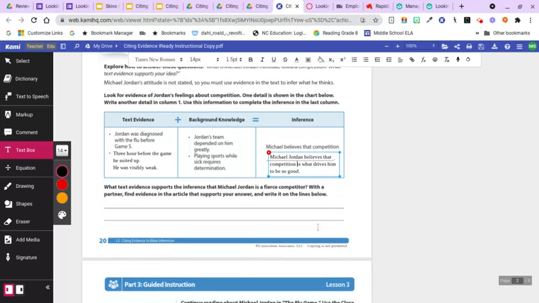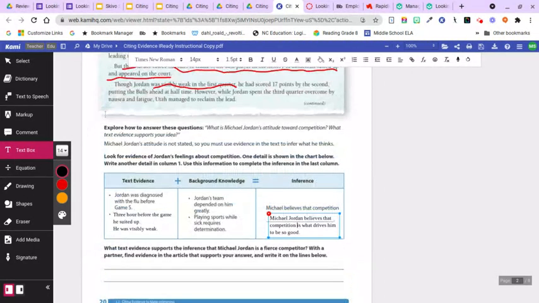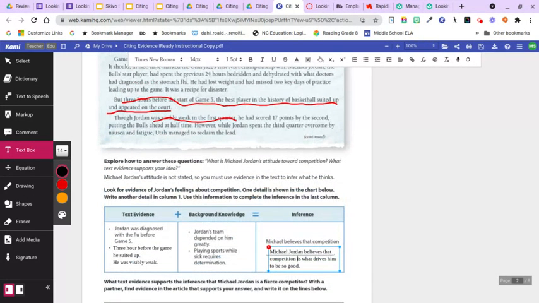So, what text evidence supports the inference that Michael Jordan is a fierce competitor? With a partner, you don't have a partner, so that's okay. Find evidence in the article that supports your answer and write it on the lines below. So, if you were doing this assignment, you would probably write things like the 3 hours before the game, he suited up.